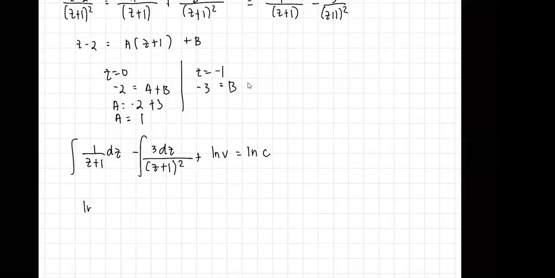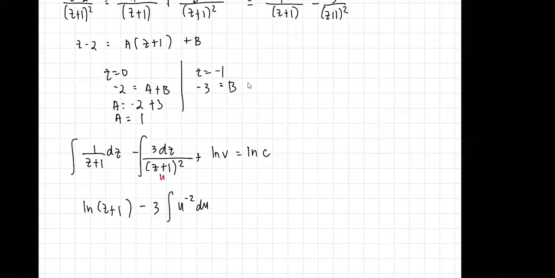We have ln of z plus 1 minus. So here, what solution can we use? We can use u-substitution for the second term. Since this is our u, we can put it in the numerator. It becomes u to the -2 du.